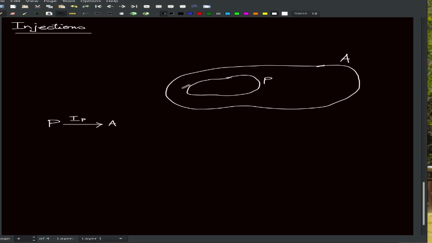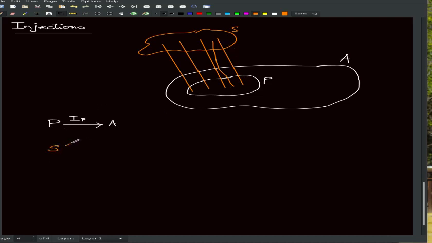Now if you have another set and there is a bijection between this set and P, then this bijection defines an injective map into A. This one composed with this is obviously the injection.